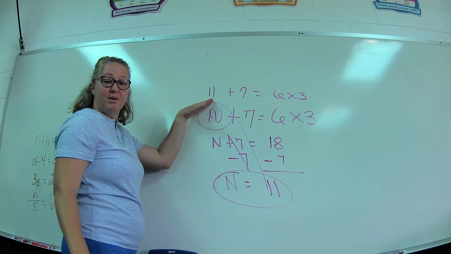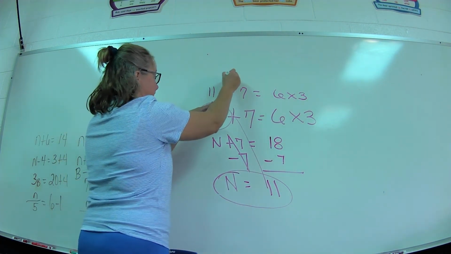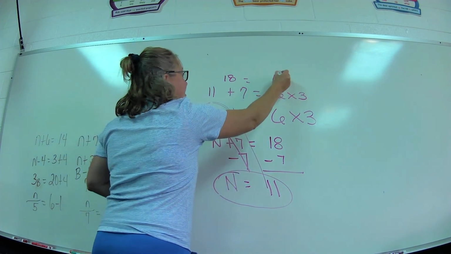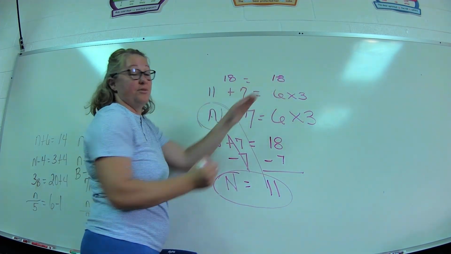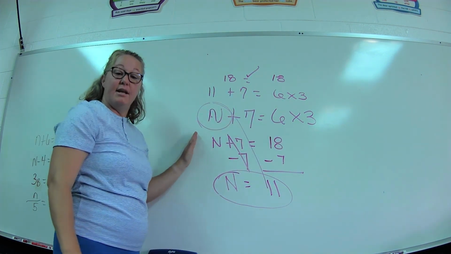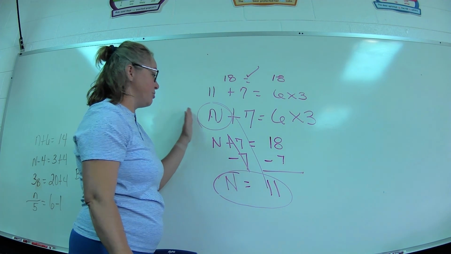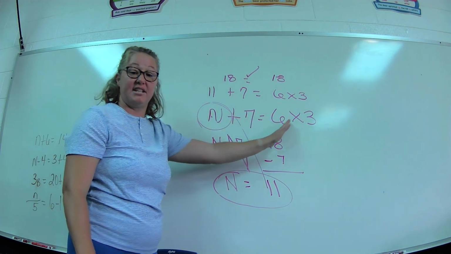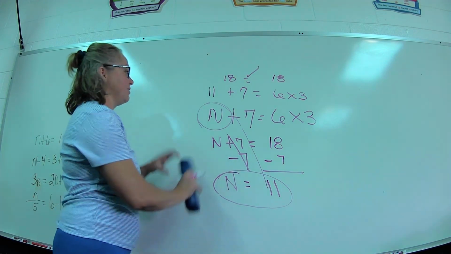What does 11 plus 7 equal? Equals 18. What does 6 times 3 equal? 18. And 18 equals 18. My algebraic expression works out. It is equal. 11 plus 7, or n plus 7, will equal 6 times 3. All right, so let's look at a few more.